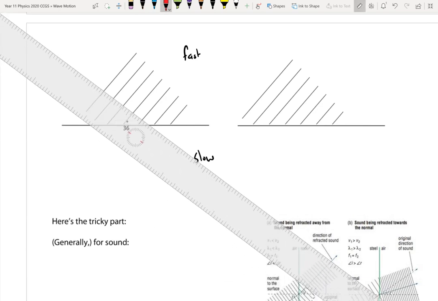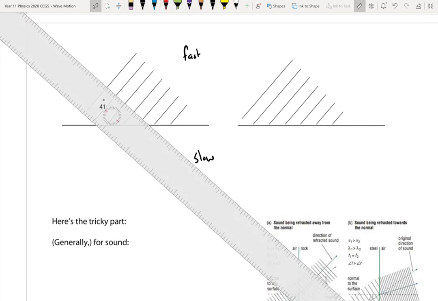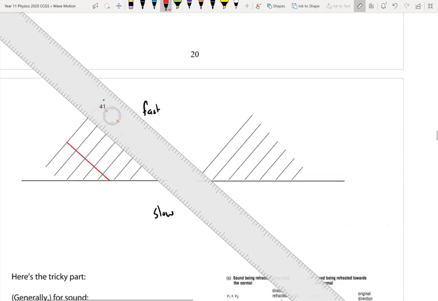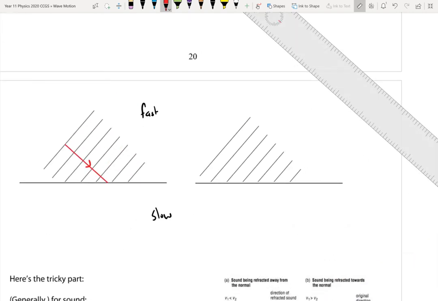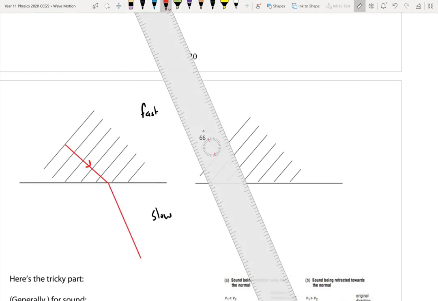Let's just draw in a ray, smack bang in the middle, and your ray has to be obviously perpendicular. So make sure that that red line is perpendicular to the wavefronts. And then I'm just going to bend it, and we know that it bends towards the normal. So again, you can sketch in your normal if you want. It's just going to get in the way though.